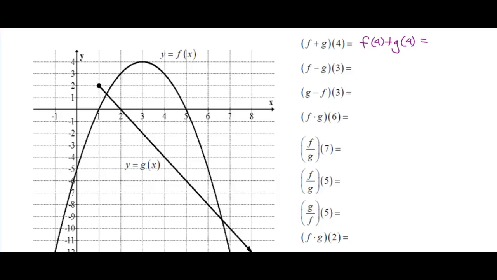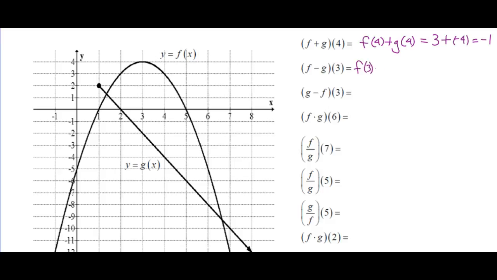F of 4 is 3. G of 4 is negative 4. 3 plus negative 4 is negative 1.